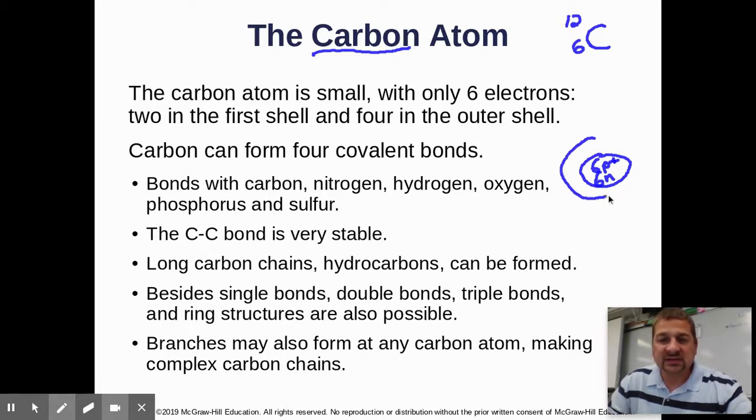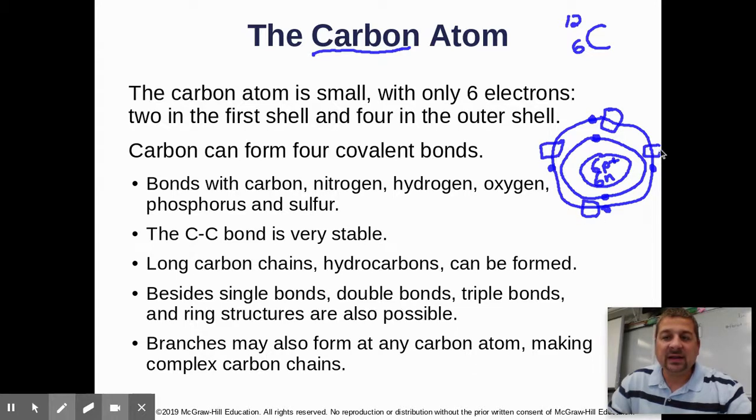That also gives us 6 electrons. So we put 2 in the first level, and then 3, 4, 5, 6 in the second level. And remember the octet rule, you've got an empty spot here, here, here, and here.